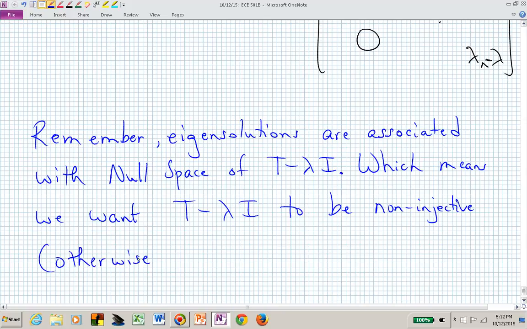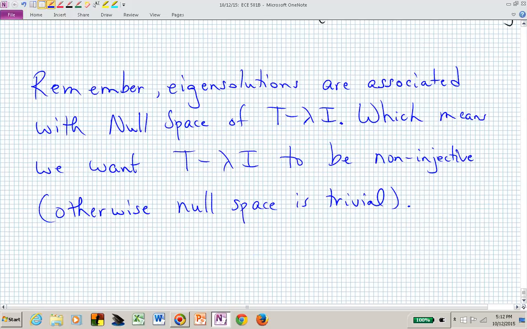If it's not, then our null space is trivial, and that's not what we're after.